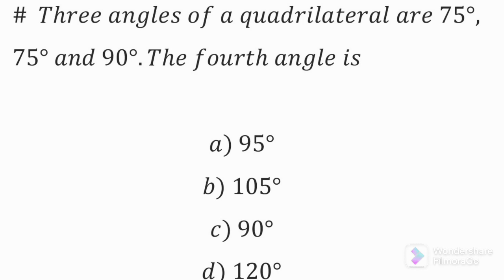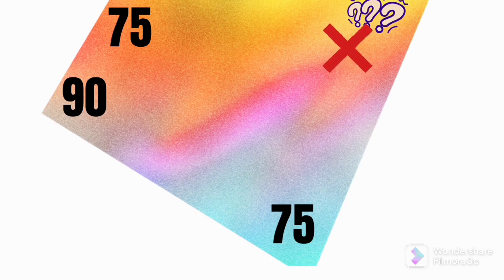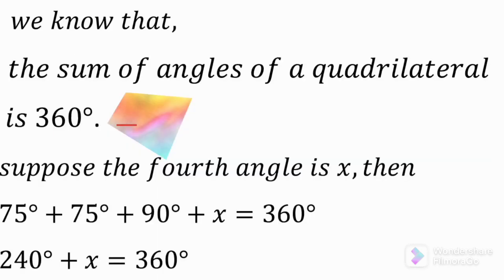Three angles of a quadrilateral are 75, 75 and 90. The fourth angle is, options are 95, 105, 90 or 120. Consider the given quadrilateral in which the three angles are 75, 75 and 90. Suppose the fourth angle is x.